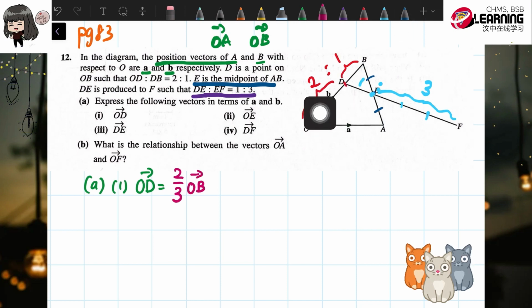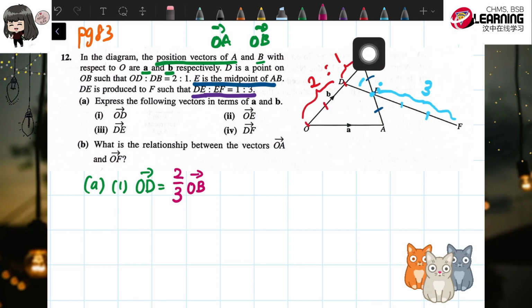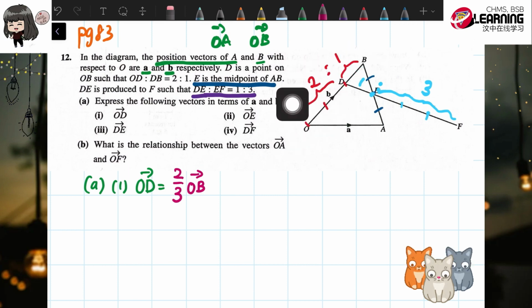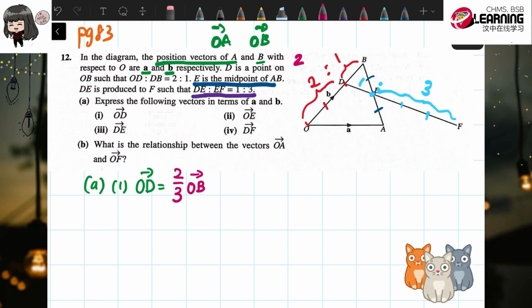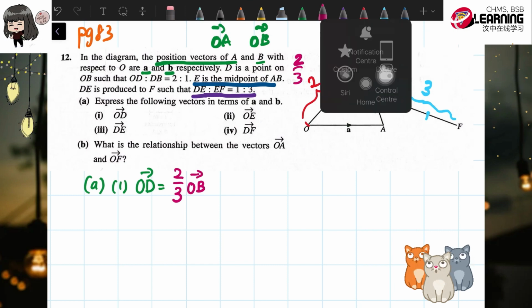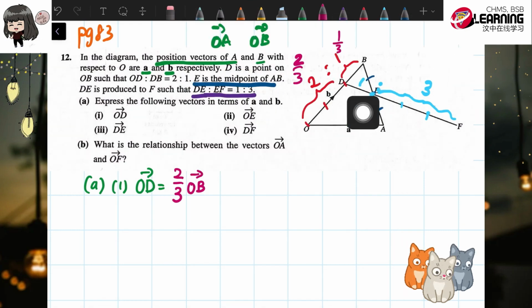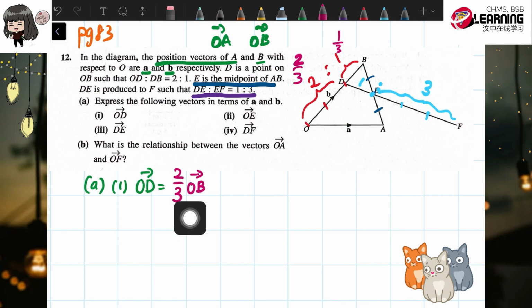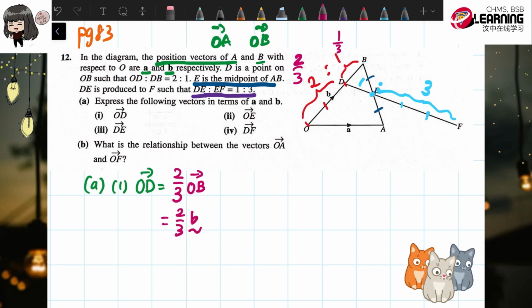The fraction of OD is 2 over 3, and the fraction of DB is 1 over 3. So if you want only O to D, it's only 2/3 of OB. So it's 2/3 of b. That's the answer for part 1.